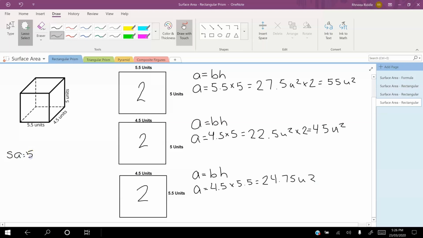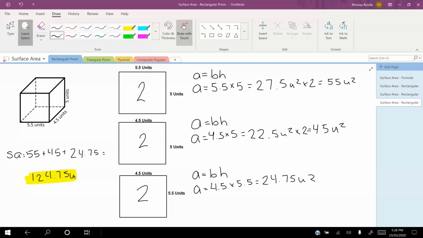We should get 55 plus 45 plus 24.75. And we're going to add them up to give us 124.75.